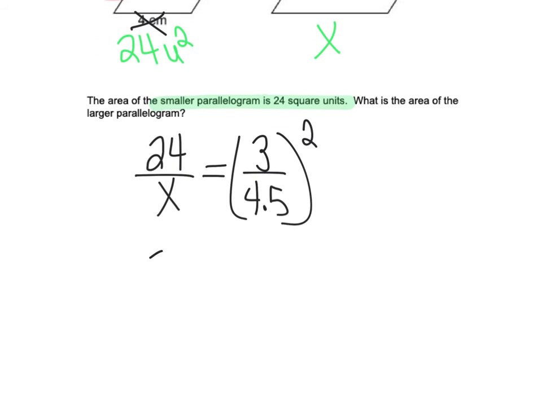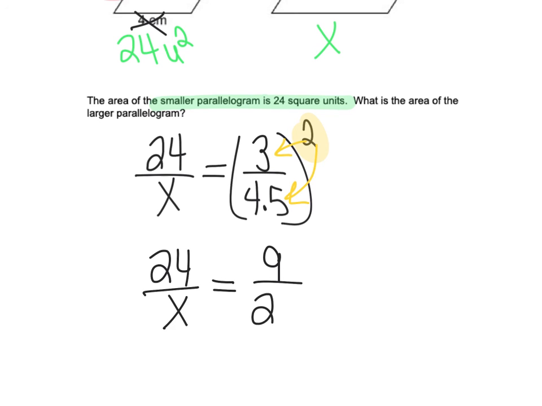So I'm going to leave that 24 over x the same, and like we've been saying, that squared needs to apply to both the 3 and the 4.5. 3 squared is 9, we know that one. 4.5 squared is 20.25.